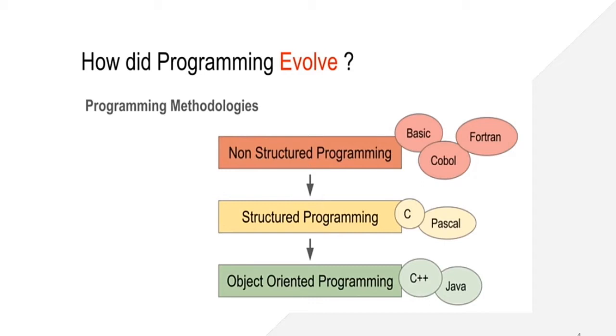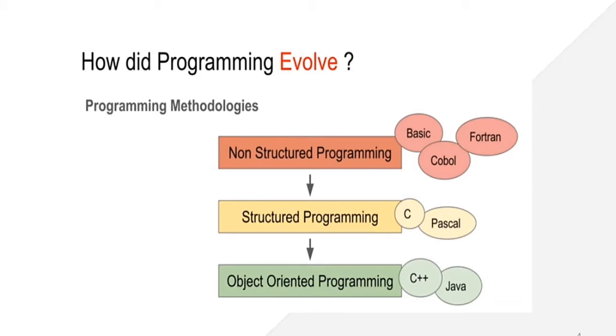Then, after non-structured programming languages, developers thought that we could create something very good that would be helpful for us. They came up with structured programming languages, that is C and Pascal. When Dennis Ritchie developed C, he found that there is so much more we can do.